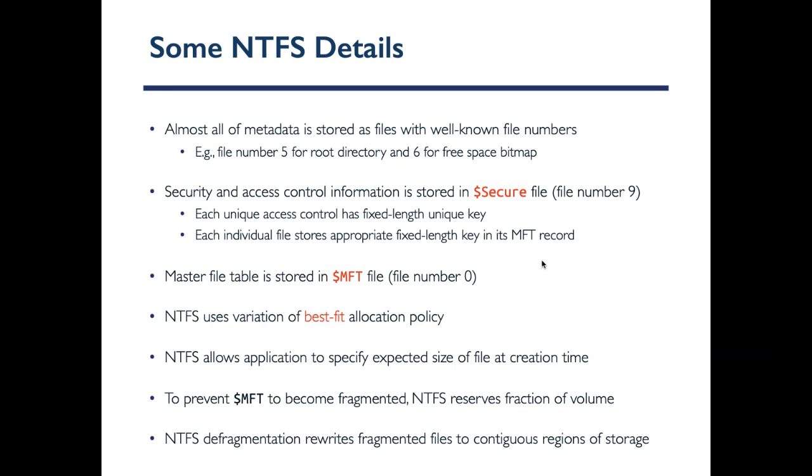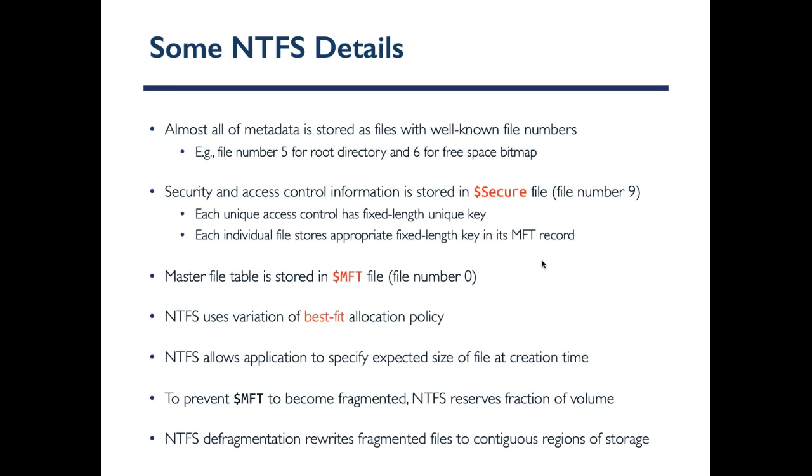Great. Okay, so now, very related to one of the clarifications that I did, we're going to talk about metadata in NTFS. The design actually puts almost all of the metadata in files, in well-known file numbers.